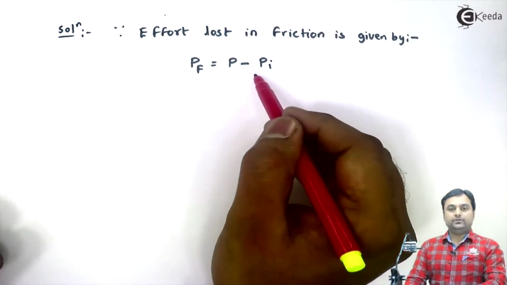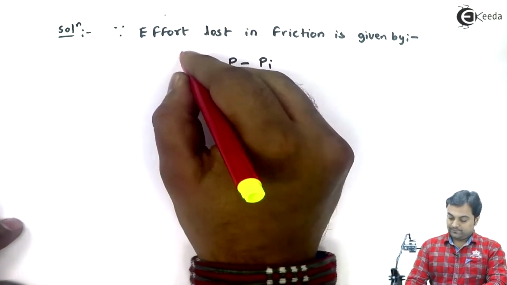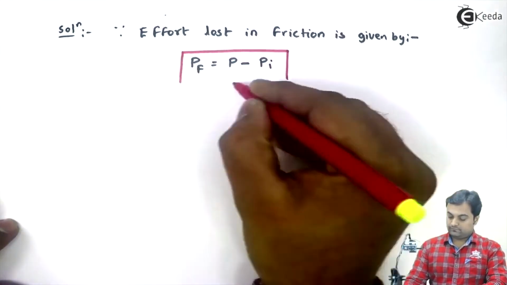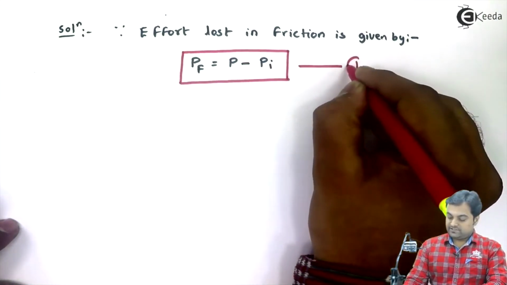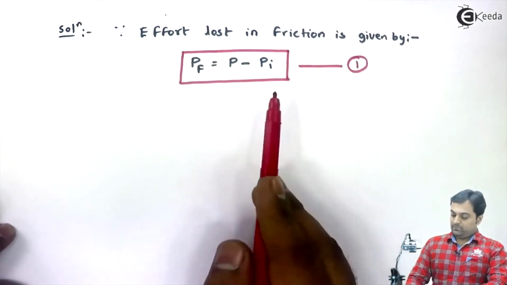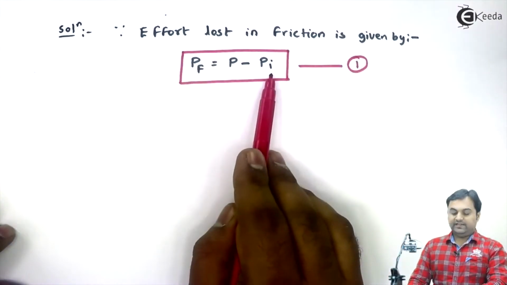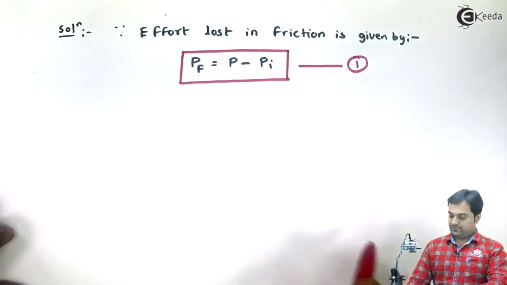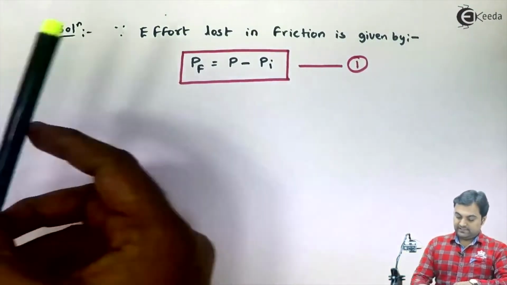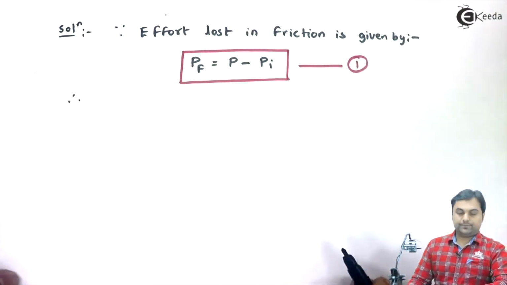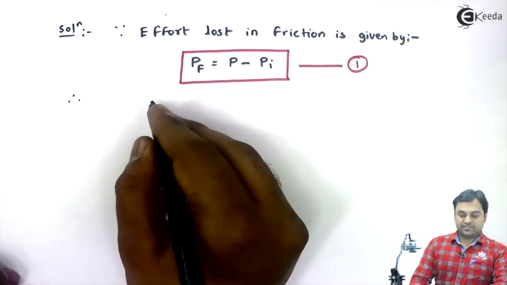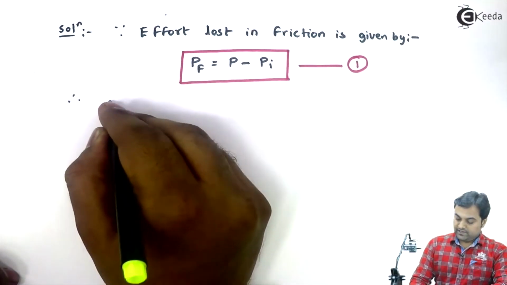The difference between the two gives us effort lost in friction. I'll keep this as equation number 1, because once we know actual effort and ideal effort, we can get effort lost in friction.